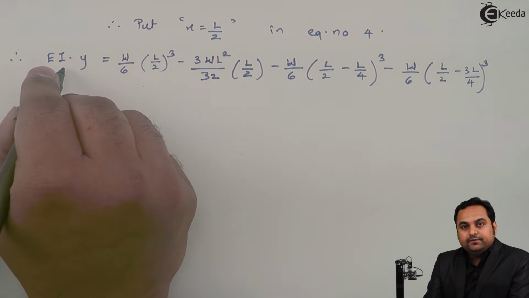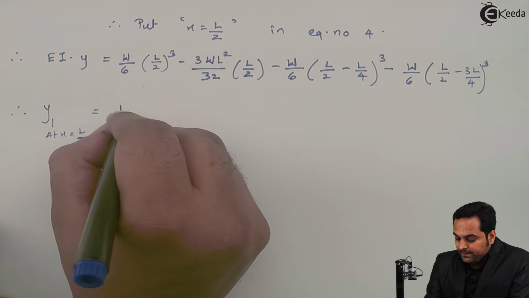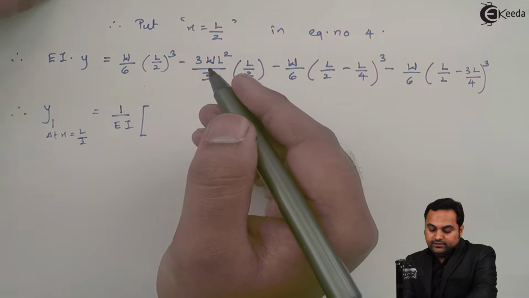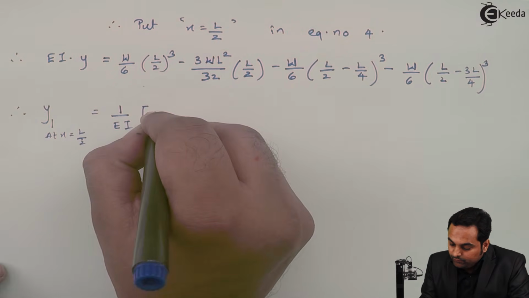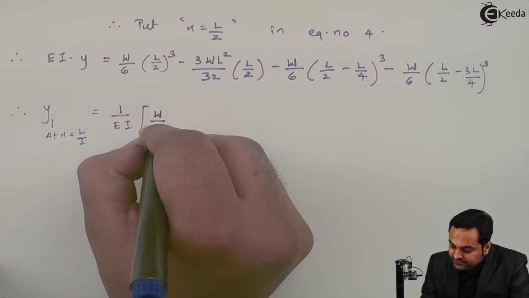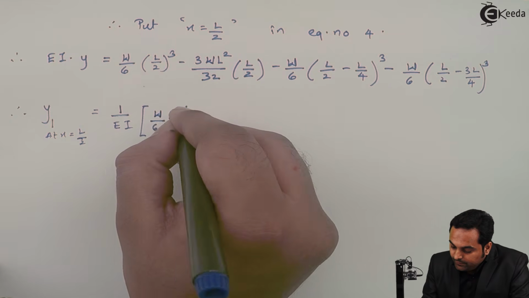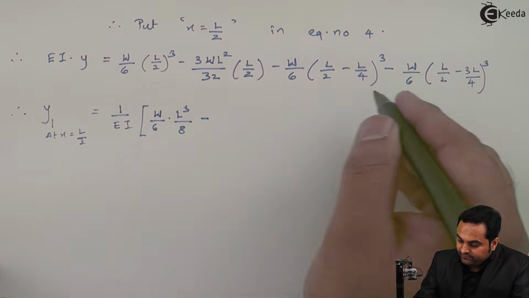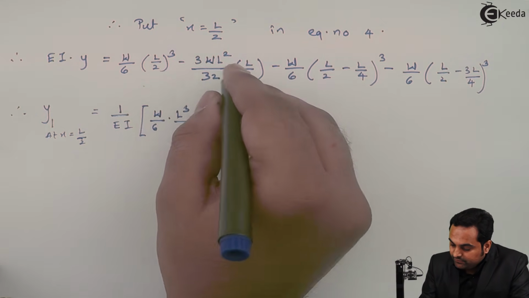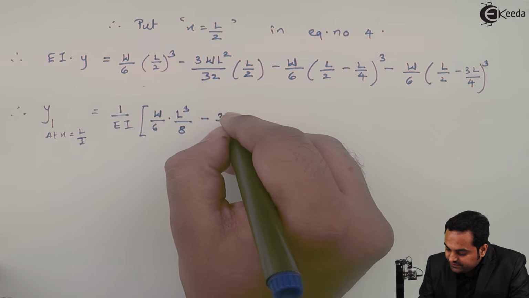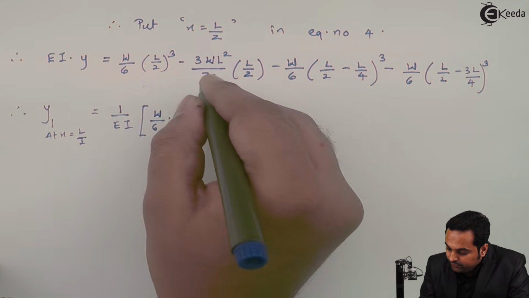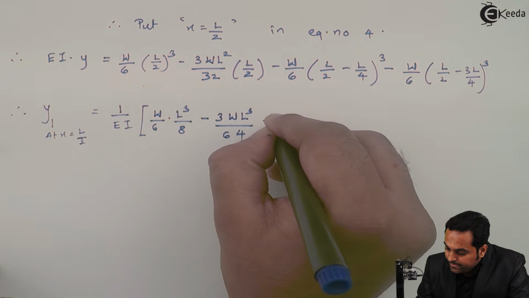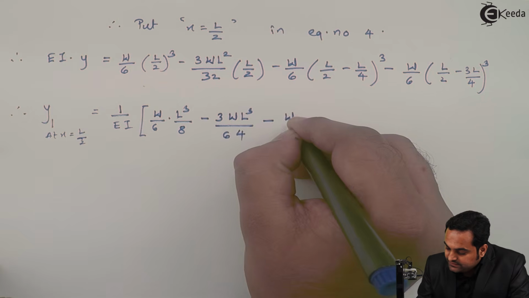Shifting EI, here it is getting multiplied, so if I shift it to the right hand side, it becomes divided. So 1 upon EI into the bracket. Here I will have W by 6 as it is. This will be L cube upon 8, minus 3 WL cube upon 32 into 2, that is 64, minus W by 6.